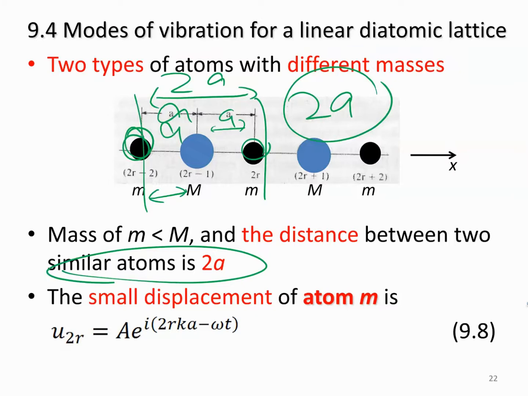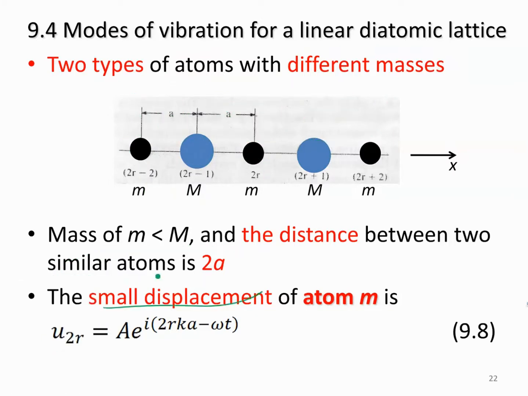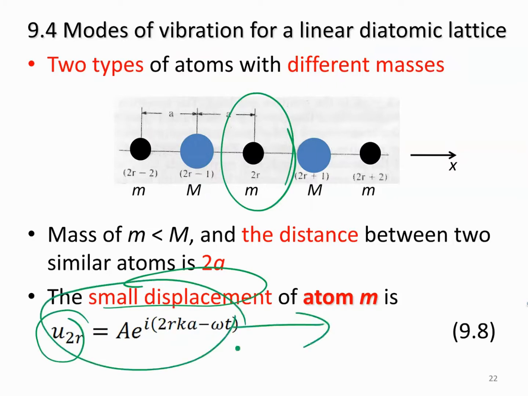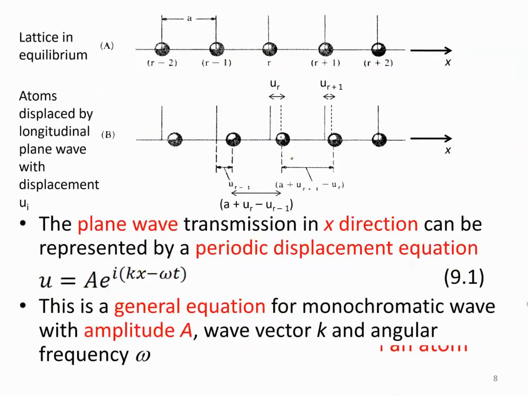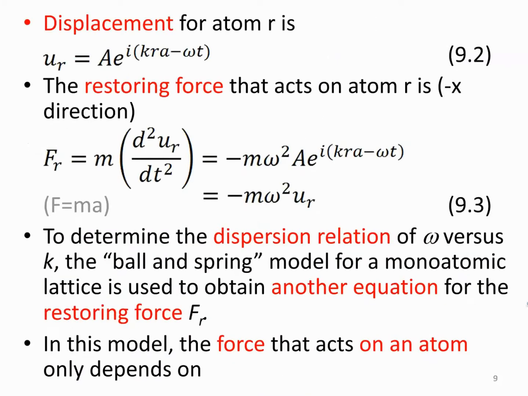So we go through the same process. First, we want to know what is the displacement of atom 2r. Okay, this one. So the displacement of this one will be u_2r equal to A e^(i(2rKa − ωt)). Okay, this is exactly the same as the monoatomic one, if you remember this one.